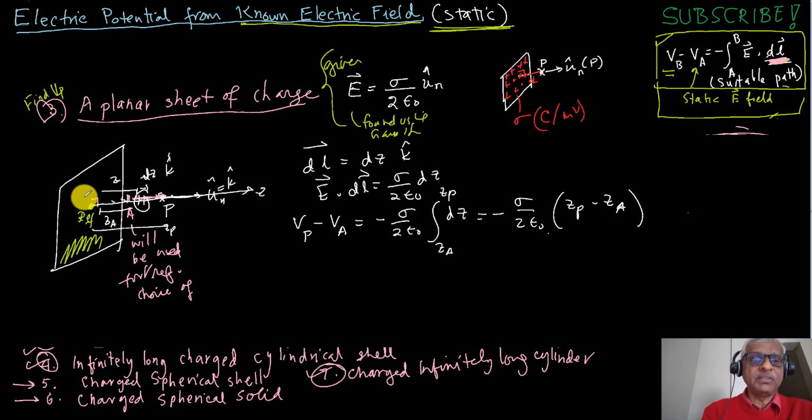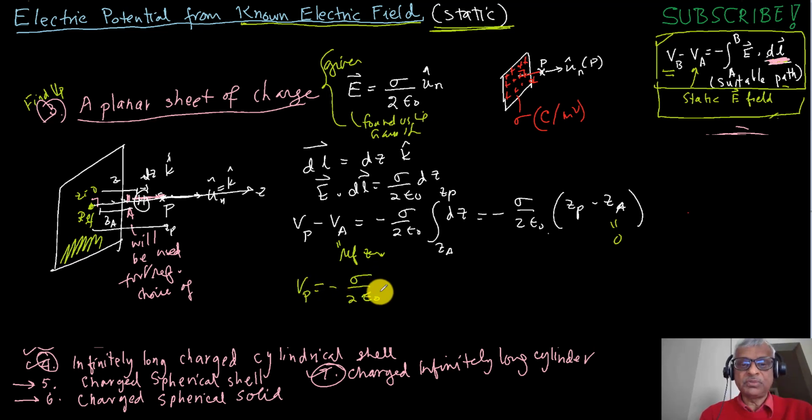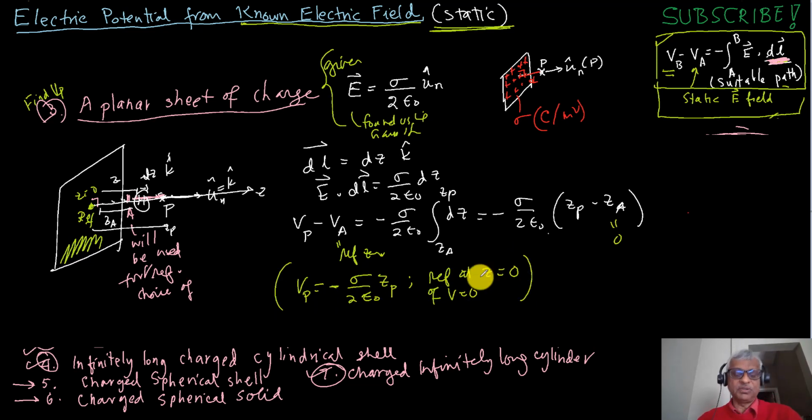If the reference is at z equal to 0, then the formula turns out to be V at P equals minus sigma over 2 epsilon naught times z at P, with the reference V equal to 0 at z equal to 0, which completely agrees with this formula, right?